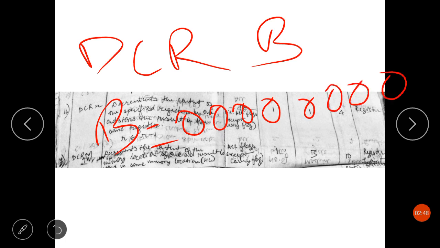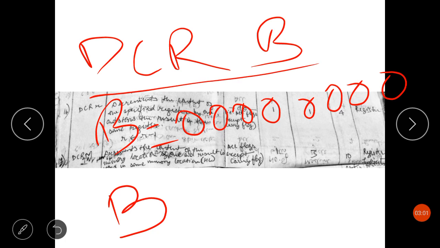Suppose the 8-bit content of register B, written in binary format, is 00000000. After execution of this instruction, the content of register B will be 11111111.